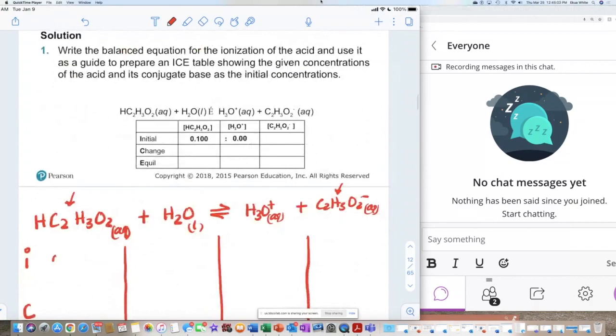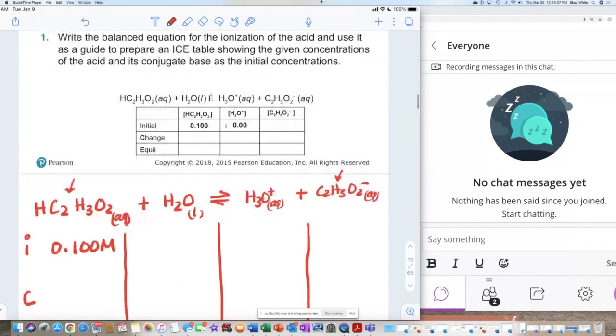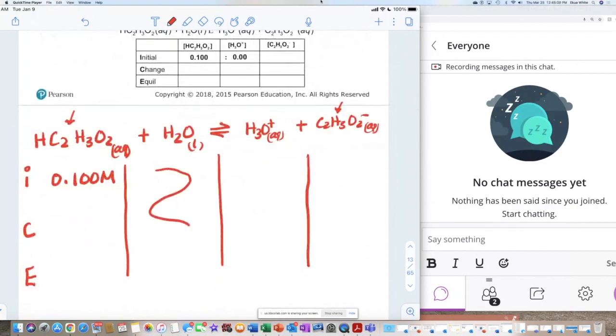So you put the initial amount here as 0.100 M, right? We leave this out because remember, equilibriums do not have liquids, so you leave that out completely. And if it was a regular acid problem, because you haven't made any products yet, you put 0 here and you put 0 here, right? Like they're kind of showing you in this first slide.